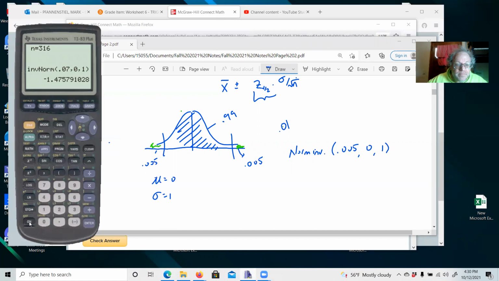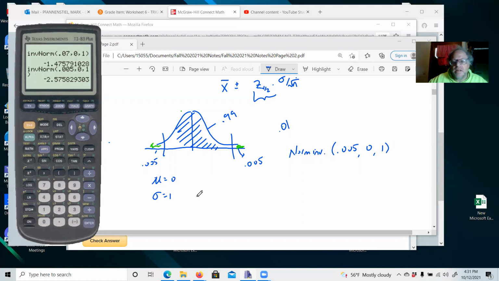On the calculator, the second function, distribution, inverse normal. We enter 0.005, it's half a penny, and then a mean of 0 and a standard deviation of 1.